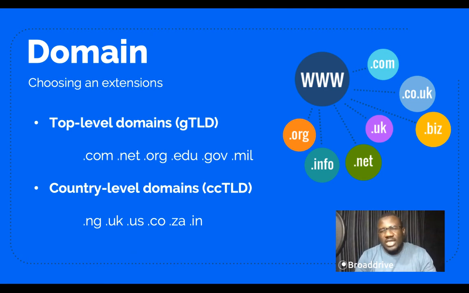Now, I usually get a question, why should I use a .ng instead of a .com? Won't .ng limit me as it regards my website? And I say no, it wouldn't limit you at all. It depends on where you want to be associated with. If you want to be associated as a Nigerian brand, or as a UK brand, or with just a commercialbusiness.com, right? So it doesn't really matter.